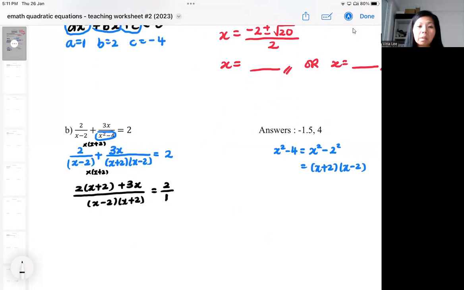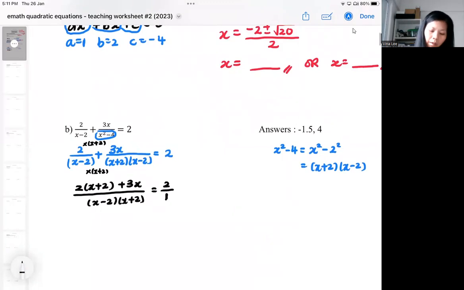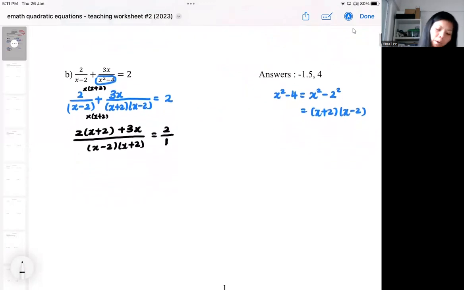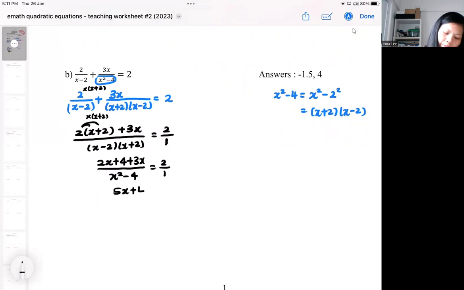You need to make the same denominator, but making the same denominator comes after the factorization. And then I'm going to do the cross multiplication again. But before I do the cross multiplication, I have to simplify properly first, so that my cross multiplication will not be too complex.